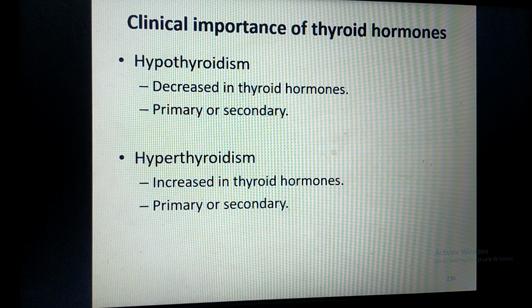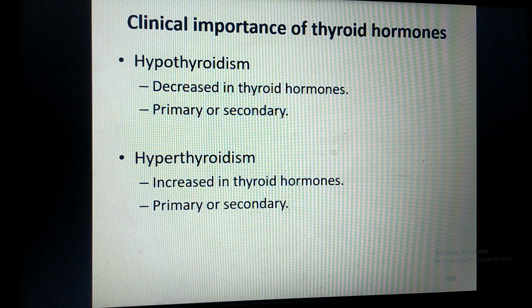In such a case either the pituitary or the hypothalamus is defective, so they synthesize more stimulating hormones. The thyroid is normal, but due to stimulation it is synthesizing more thyroid hormone. In such a case it is called secondary hyperthyroidism.